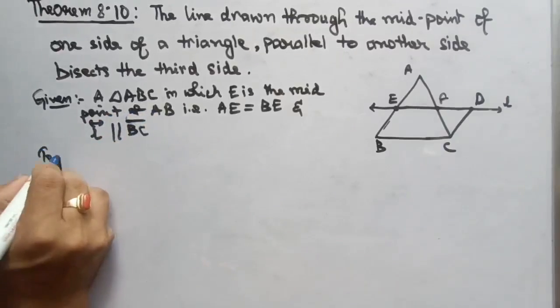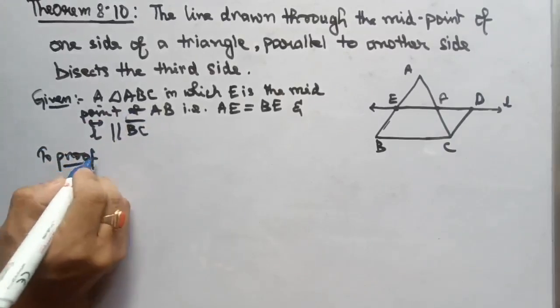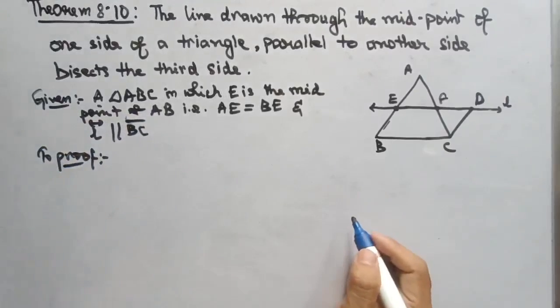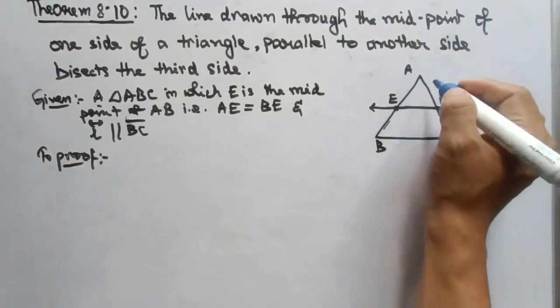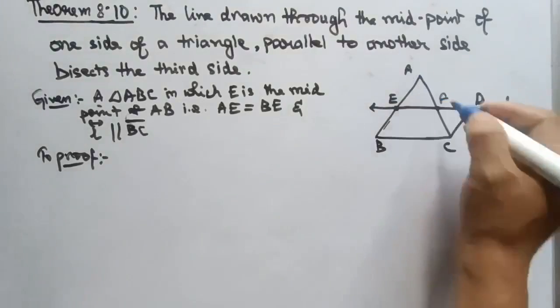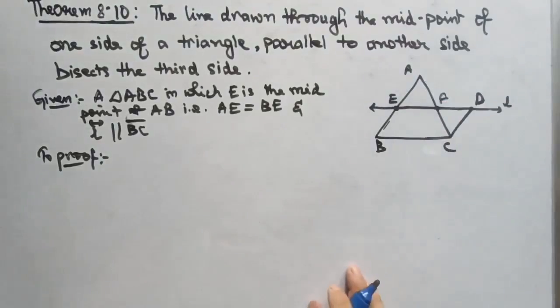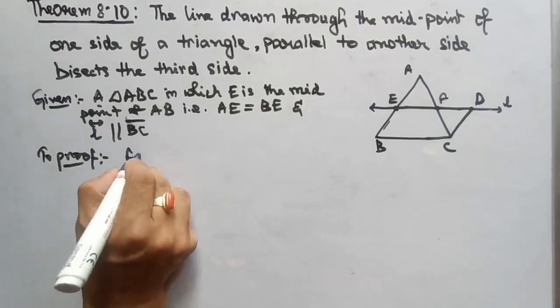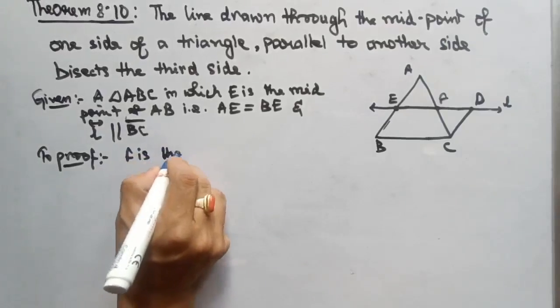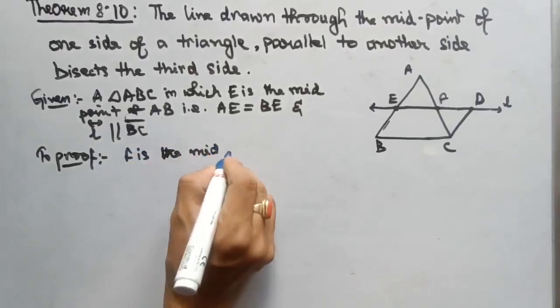To prove, we have to prove that the line L bisects the third side AC. That is, F is the midpoint of AC.